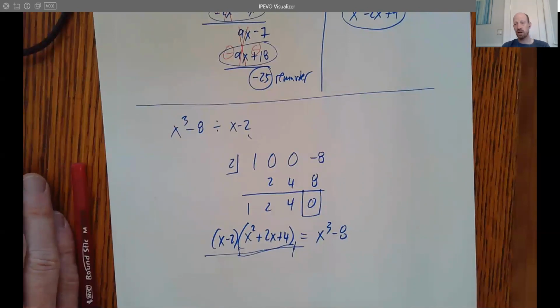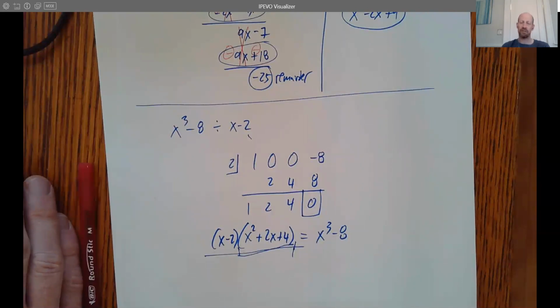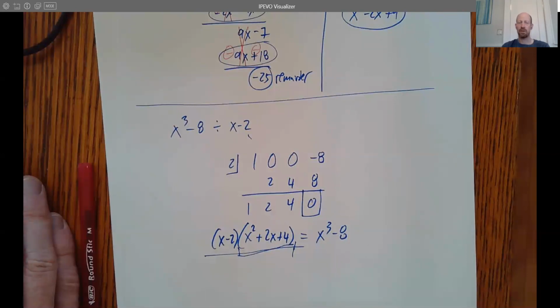So you would start by figuring out what the possible rational zeros are. That's p over q: the factors of the last term divided by the factors of the first term.